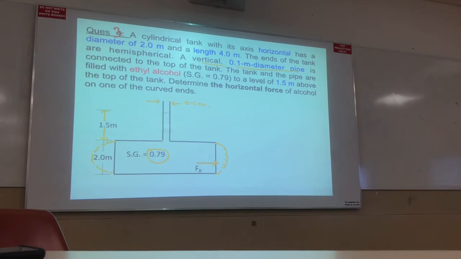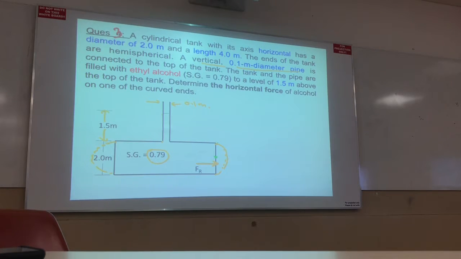So hydrostatic force is found at the center of pressure. Okay? Center of pressure. So where is the center of gravity? Center of gravity is somewhere here, right? And this distance I know. From here to here, tell me the distance. 1. From here to here is 1.